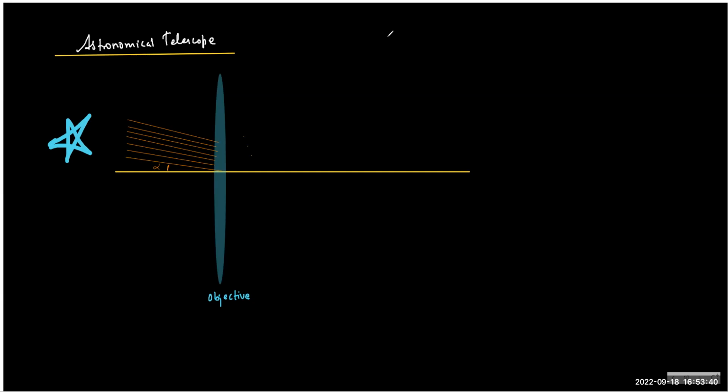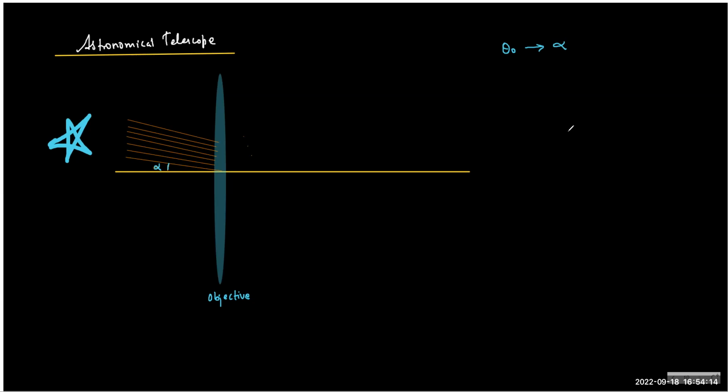Do you realize this? The angular size here we define as alpha. So the theta naught we have to replace by alpha. This is the first change from the finite distance magnification to infinite distance magnification, when the objects are not exactly finite.